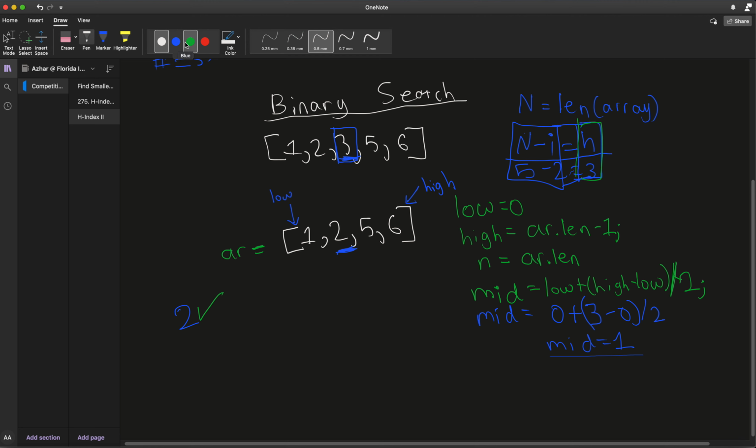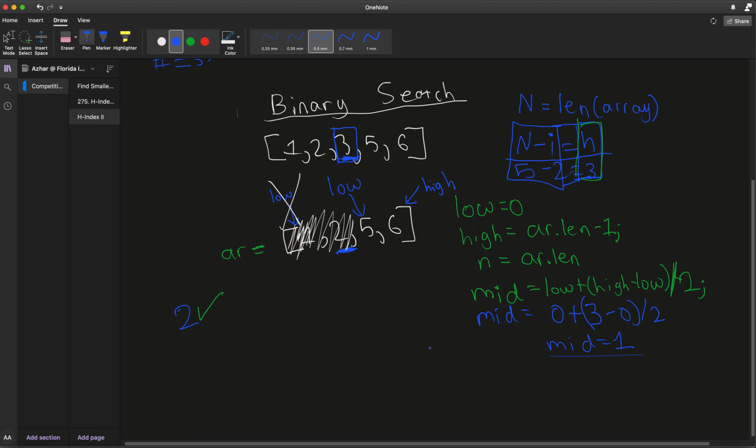But now we're gonna go ahead and switch our array. So we're actually gonna stop looking at this side. We're gonna start looking more at the right. So low actually now becomes, low will now go here.